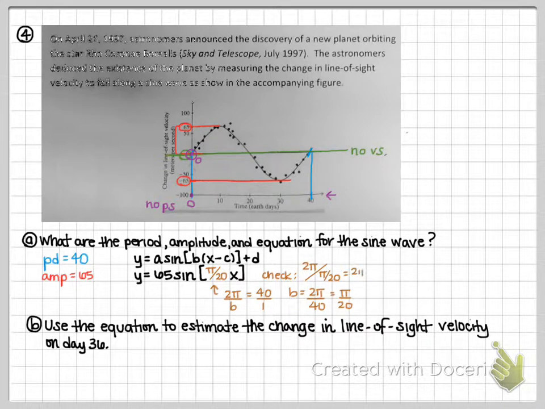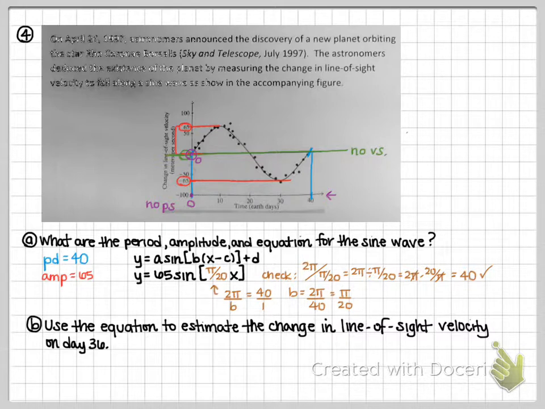It's going to be 2 pi divided by pi over 20, which is 2 pi times 20 over pi. Pi's cancel. 2 times 20 is 40. There's the period that we wanted. So you don't just plug the 40 in, because that's not going to work. You have to do 2 pi over b to get what the period is going to be for sine and for cosine also. For the other ones, it's a little bit different. All right, so now I have my equation.